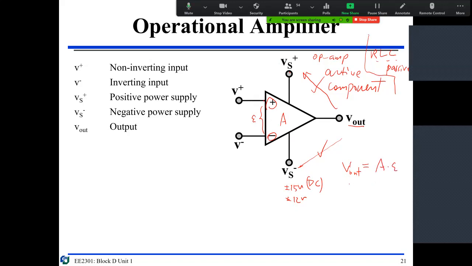Let's say this is plus or minus 15, divided by A is epsilon. What if A is 10 to the power of 10? Because I said A could be really big. Then this epsilon is really small, right? So think about this.